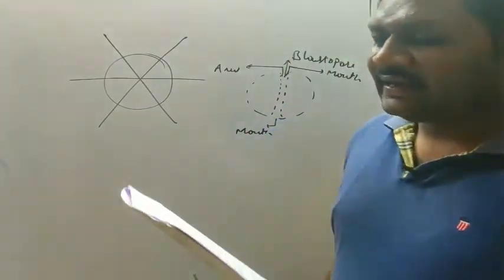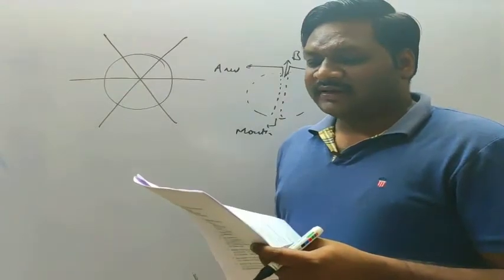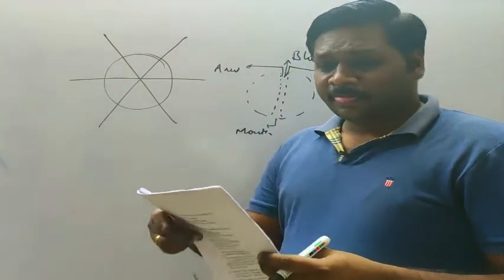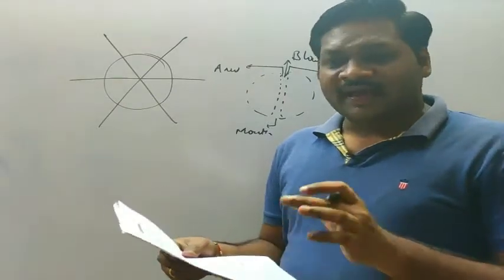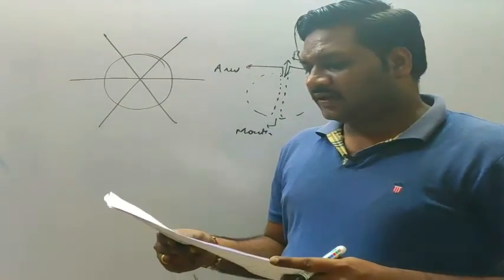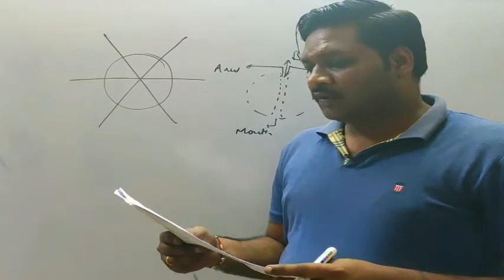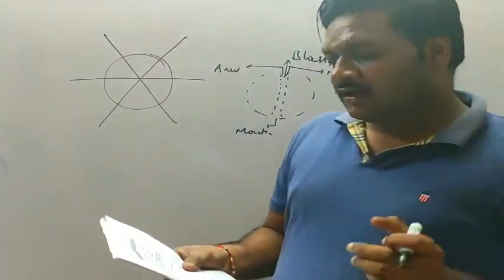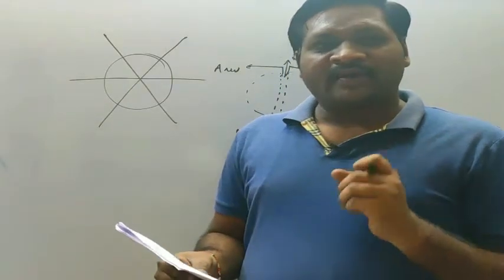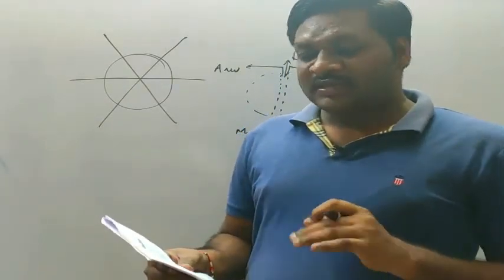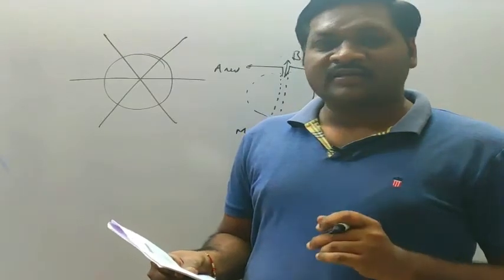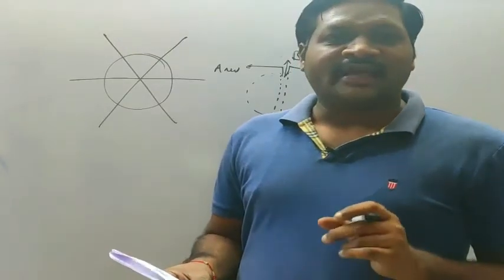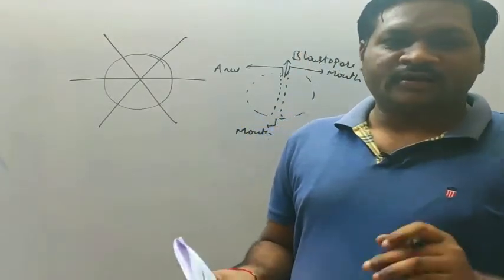Option 1, Annelida: they have a complete type of alimentary canal and they have a body cavity, or coelom. Arthropoda also have a complete alimentary canal, and the body cavity is also present. Mollusca also have a complete alimentary canal, and the body cavity is absent; they don't have any special body cavity.